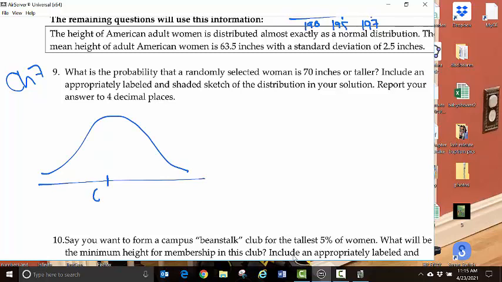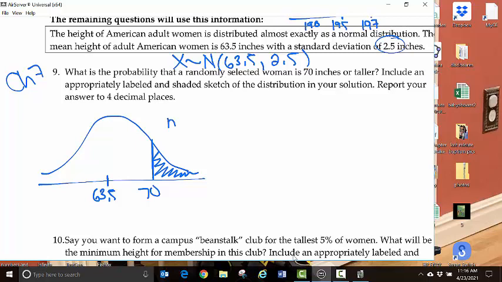We're centered at 63.5 with a standard deviation of 2.5. So I'm going to say X is approximately normal. Again, I'm just trying to get you used to the notation. You don't have to worry about that, okay? What is the problem? That you randomly select one lady and she's 70 inches or taller. Make sure you know how to draw these pictures from the story problems. 100% guaranteed you need to know how to make that.